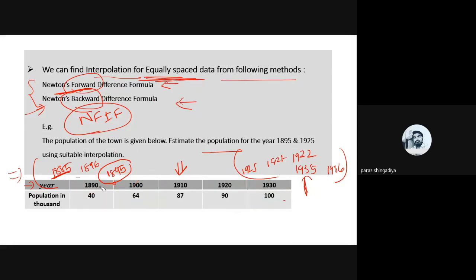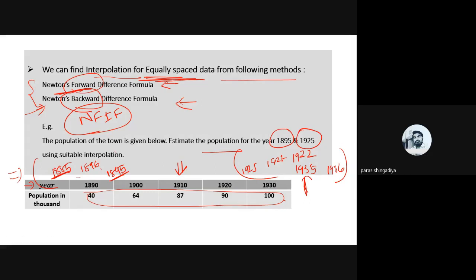This data you have, that is 1890, 1900. These are equally spaced data, and one output is given, the population's growth, that is given here in this output. And now you have to predict a value, the population at 1895. You have to find this, that is given. Find the population at 1895 and find the population at 1925.